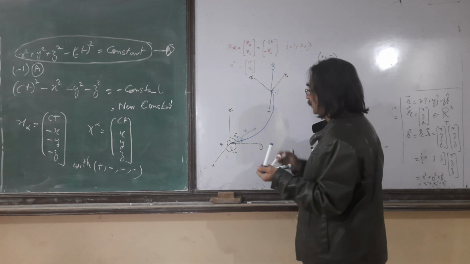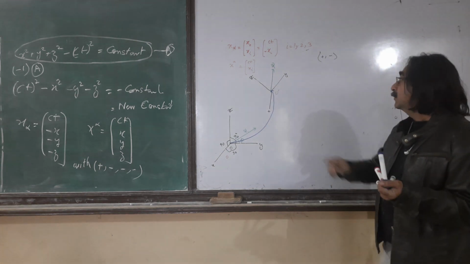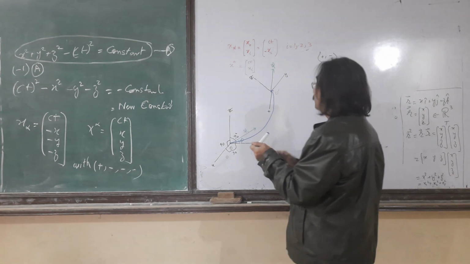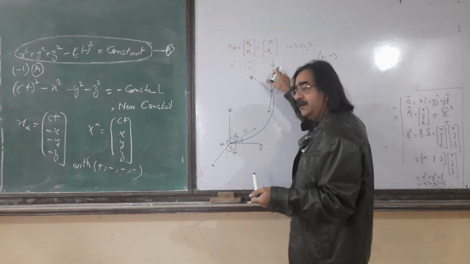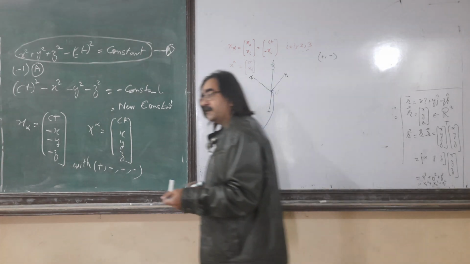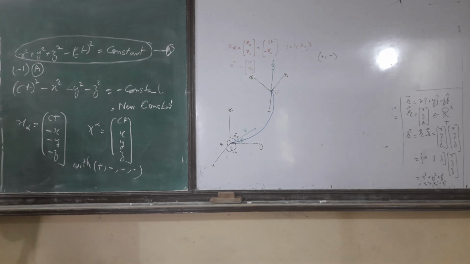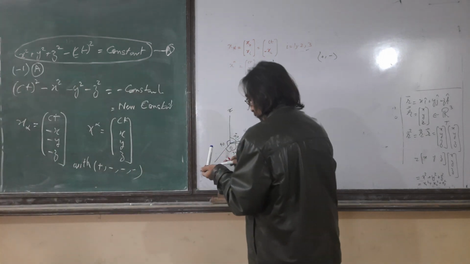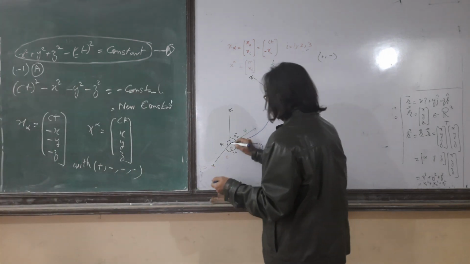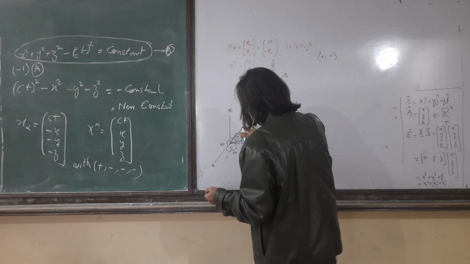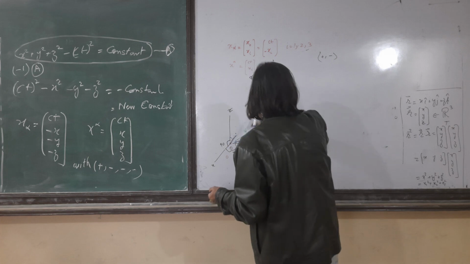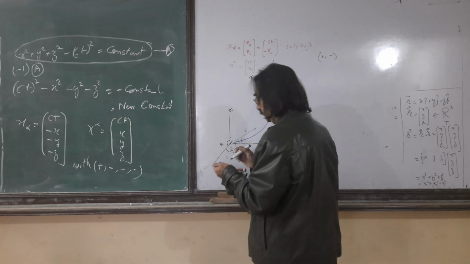X, Y, Z. Now this will be a sidebar. I mean, if this is psi A, this will be psi B. And like a last rotation. And there are two transformations we have applied.